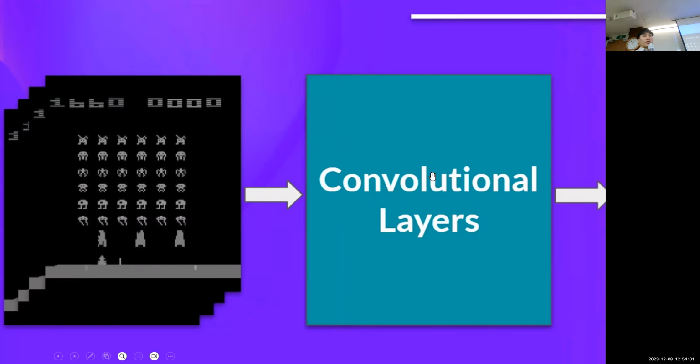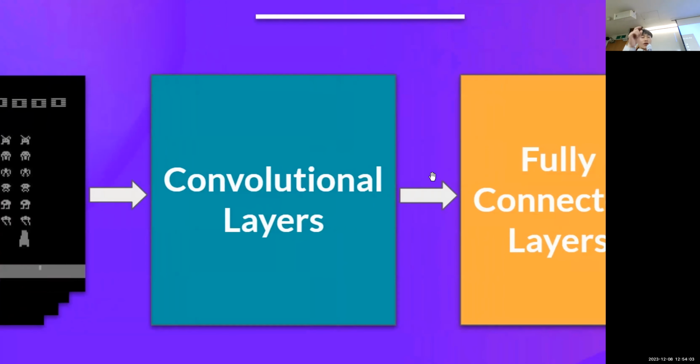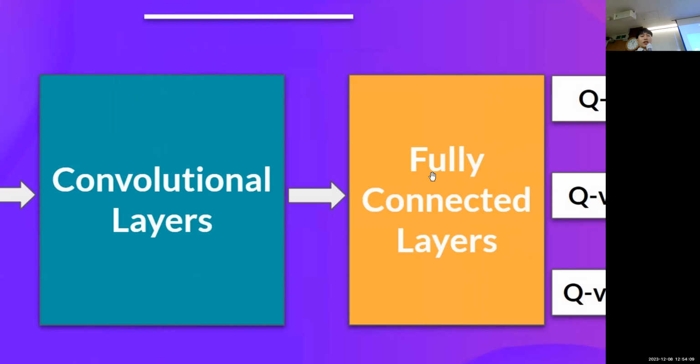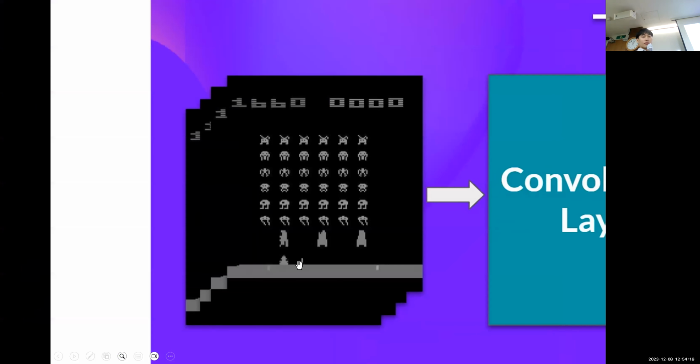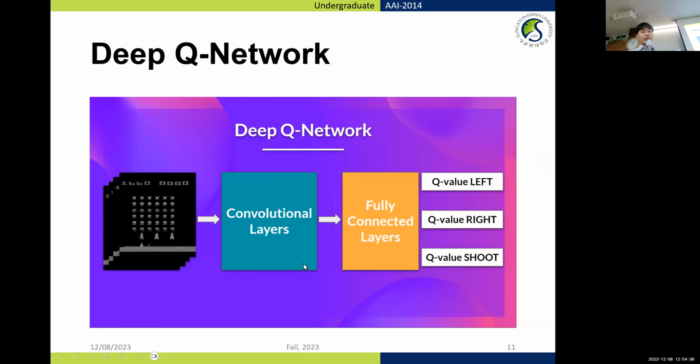We put them into the convolutional layers, which generate multiple features for these frames. Then we put them into the fully connected layers, which generate the Q values for multiple actions: left, right, and shoot. So this is your agent. Then you need to move left or right or shoot your gun to eliminate those monsters, right? Aliens. So this is generally how the deep Q networks work.